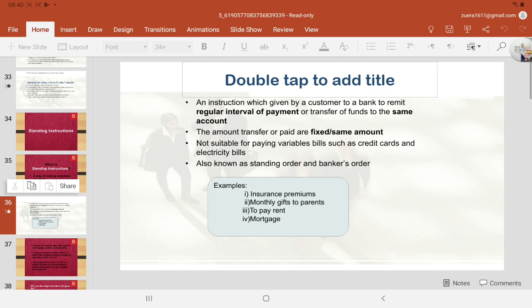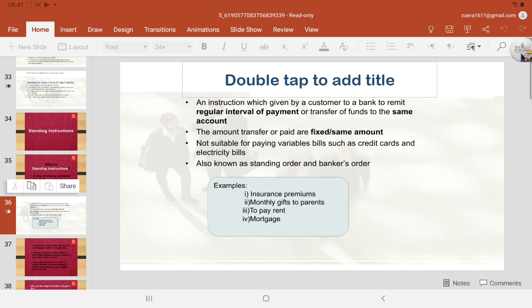So this product of remittances, the standing instruction, is not suitable for paying bills, for example credit card or electricity bills, because they do not involve a fixed amount. That's why it is not suitable for paying variable bills.